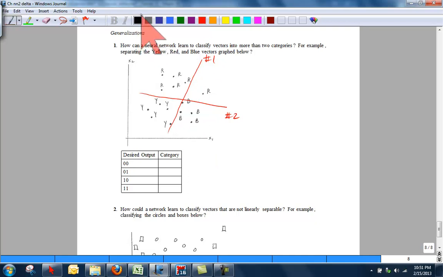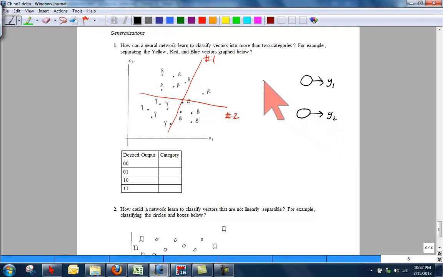So how could a network do this? Well, one perceptron couldn't, but what if I have more than one perceptron? So two perceptrons, they each have their output, y1 here and y2 here.